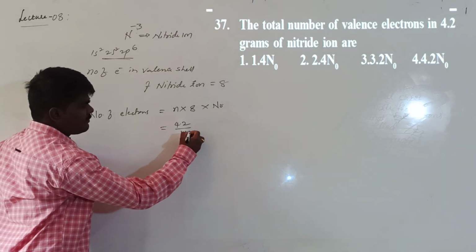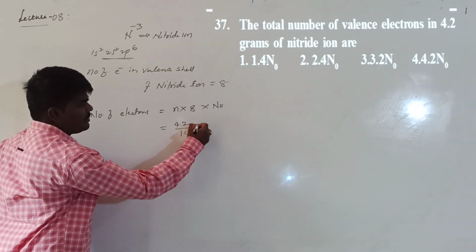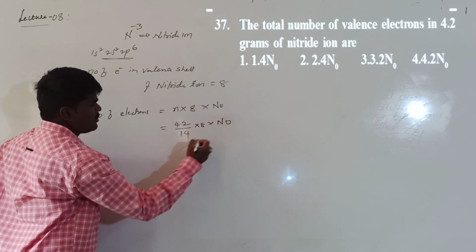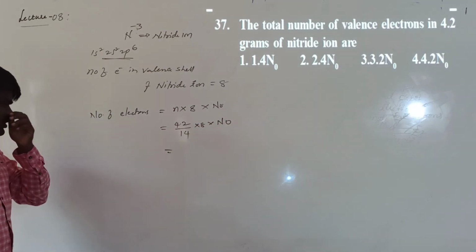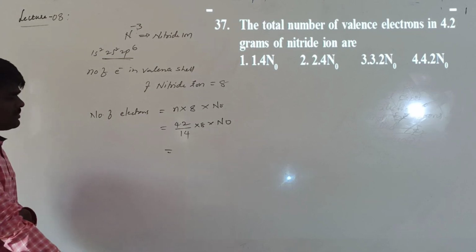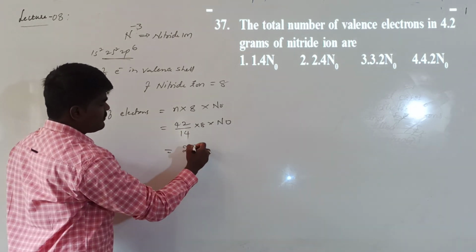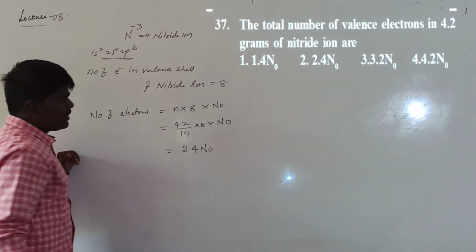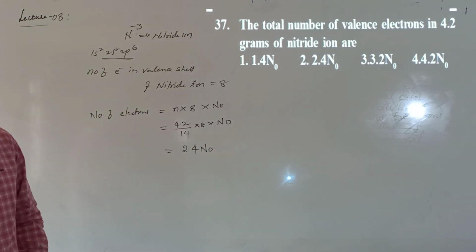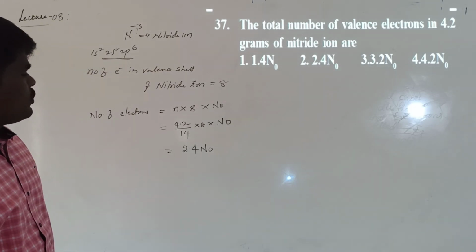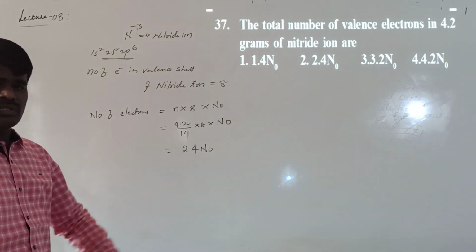What is the molar mass? 14, times 8, times Avogadro number. Right? How many times does it go? It goes 3 times. So how much is it? 2.4. The number of electrons in 4.2 grams of nitride is 2.4 Avogadro number.